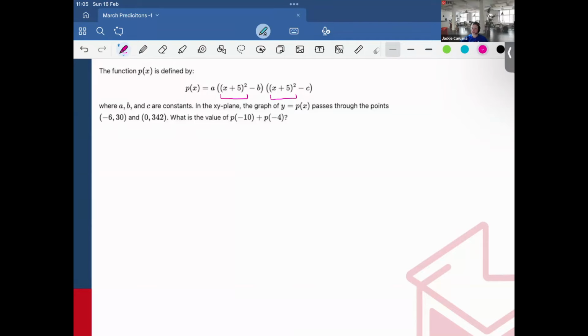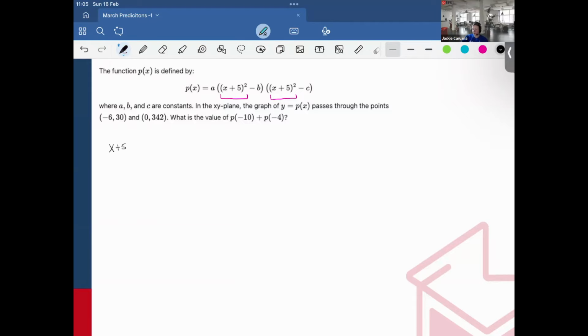And squaring creates symmetry. So if two values of x give the same square term, they will produce the same function output. Just to show, before we jump into the problem, how squaring symmetry works.